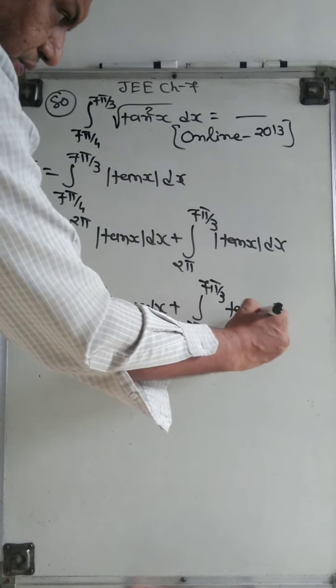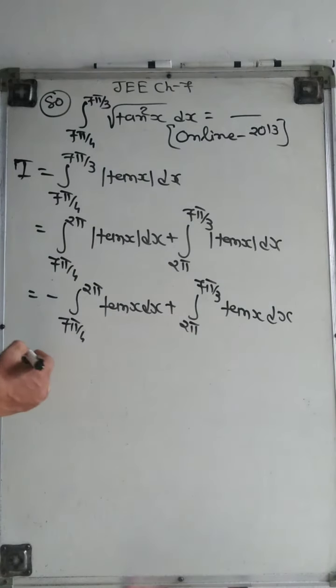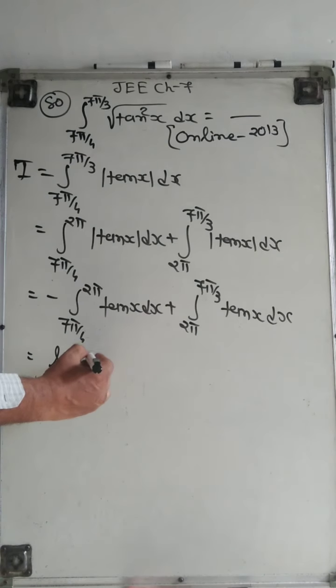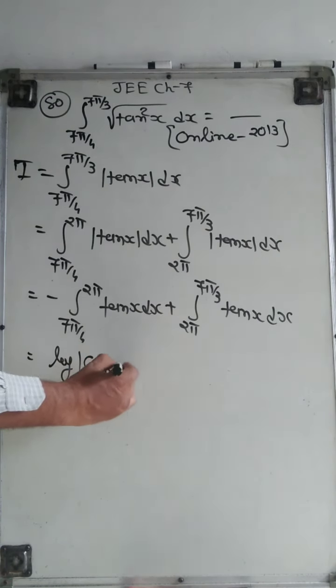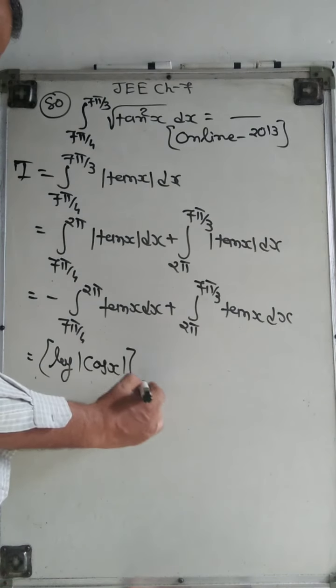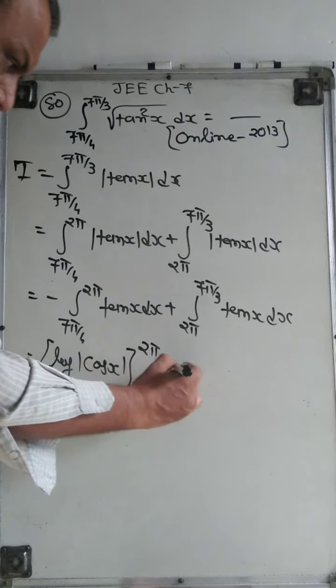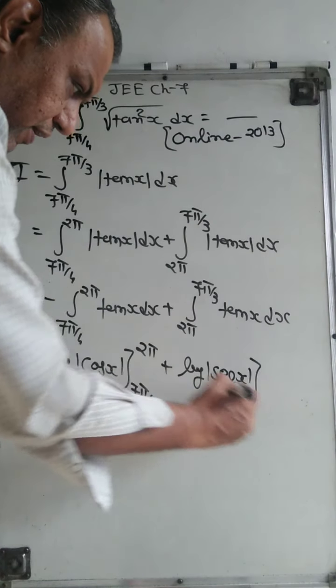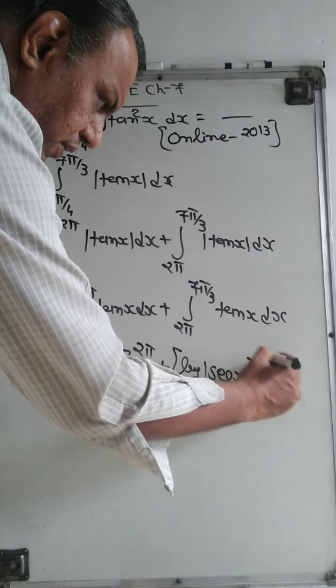tan x dx. Now this is log mod sec x. Here directly we put log mod sec x, or we just put cos x, over 7 pi by 4 to 2 pi, plus log mod sec x over 2 pi to 7 pi by 3.